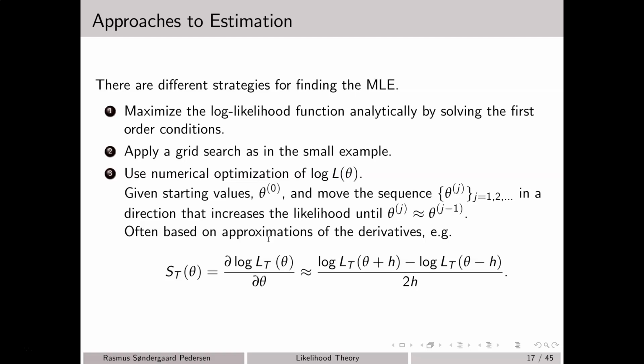That is exactly what we did when we considered the toy example with the Gaussian variables in a previous video. Alternatively, we can consider some numerical optimization procedure, and we will get back to that later on in the course. It shows up in particular when we consider nonlinear models. This is the way we want to optimize the log likelihood function.